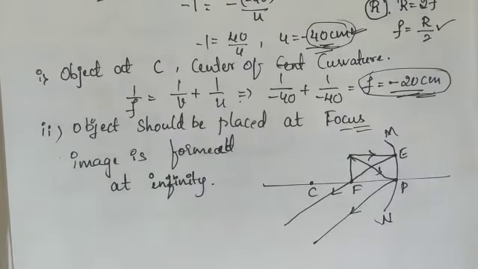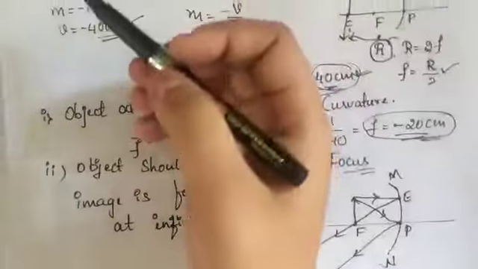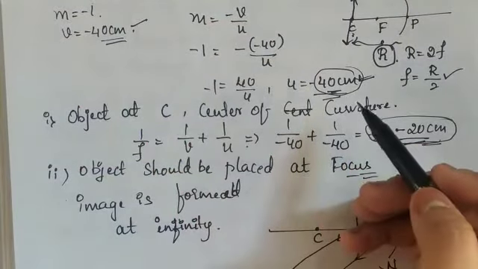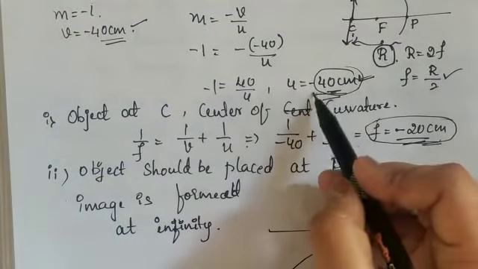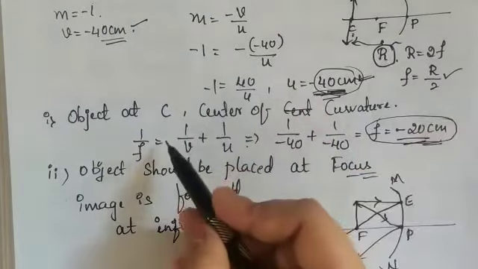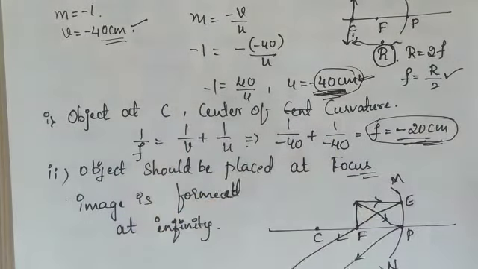Okay. So by this we have understood all the parameters, everything we have cleared. First they have given the magnification, and by the magnification you are able to find out where the object is placed. So the object is to be at C, that is at the center of curvature.